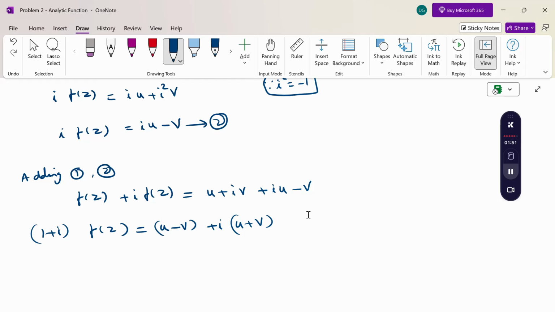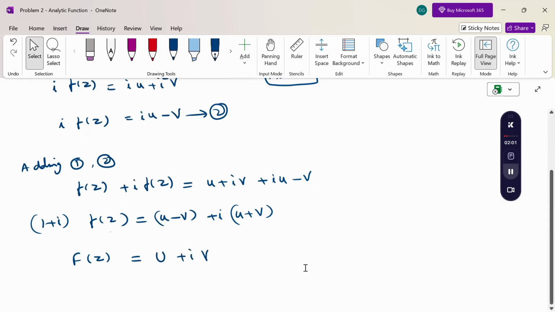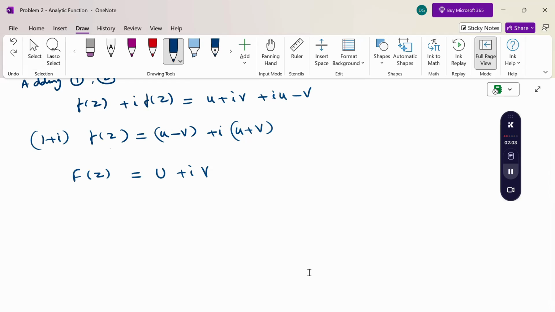Now I am taking the whole term 1 plus i f of z to be capital F of z, equal to capital U plus i into capital V. Therefore, capital V equal to u plus v, the value (x minus y) into (x square plus 4xy plus y square). So this is capital V.